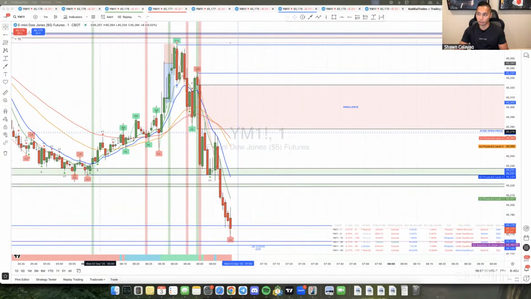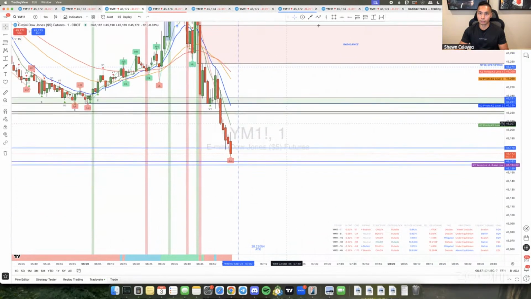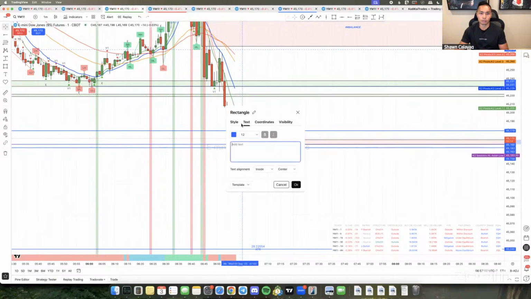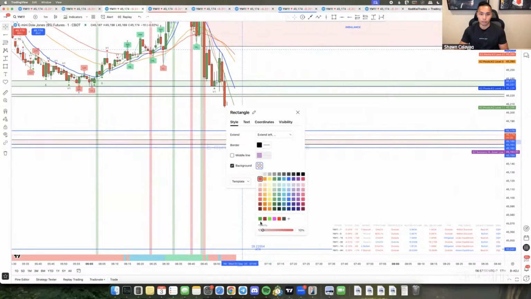So we have another, let's see, the support levels are still here. I have another support level right here. I'm looking at my higher time frame chart so I can see it on my other screen. But there is a support level, which is right here.